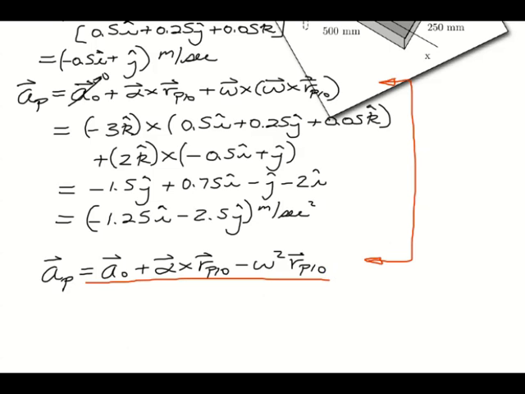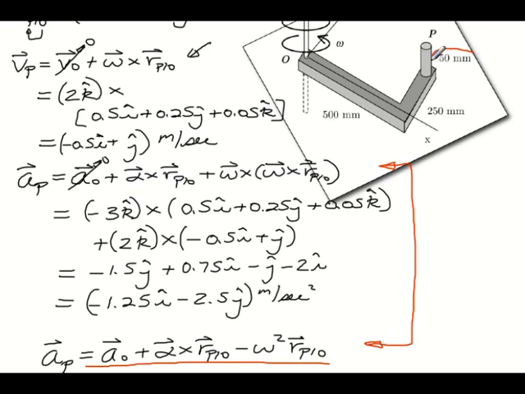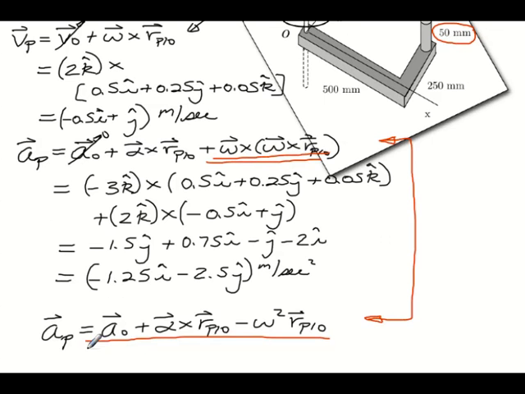But note that this problem is a little bit different in that P is raised up by this distance of 50 millimeters up above the XY plane. In that case, we need to use this full form right here. So be careful. Whenever you use the more simplified form of the equation here, where you have the minus omega squared r, that's only valid if O and P lie in the same XY plane.